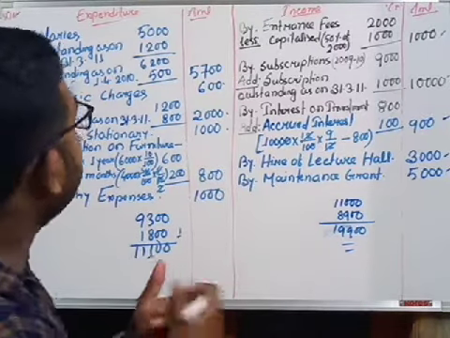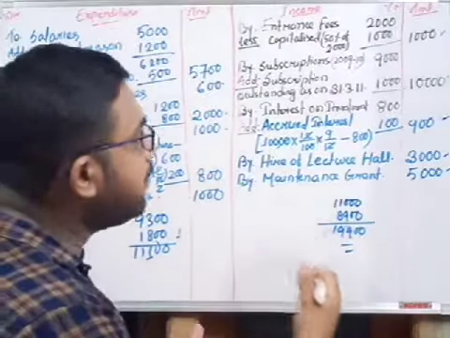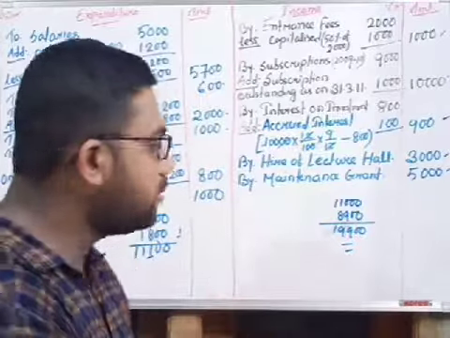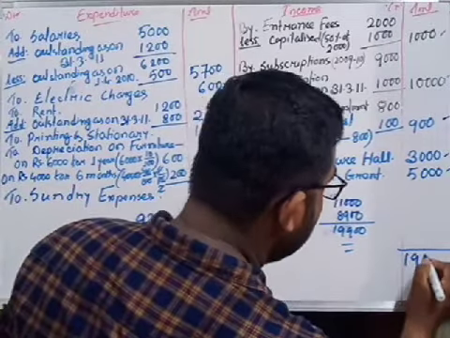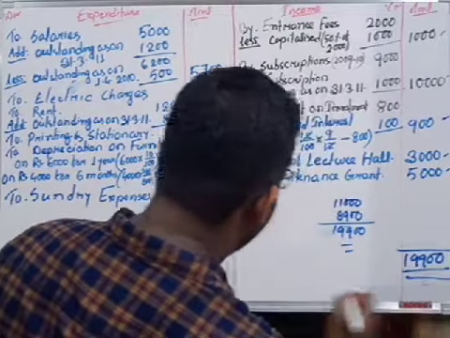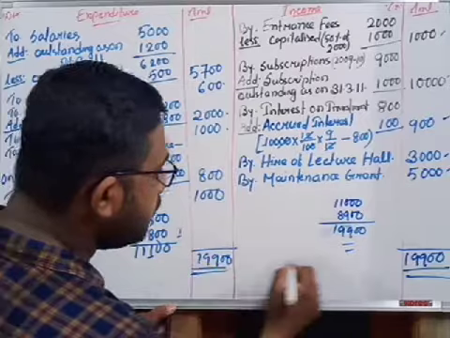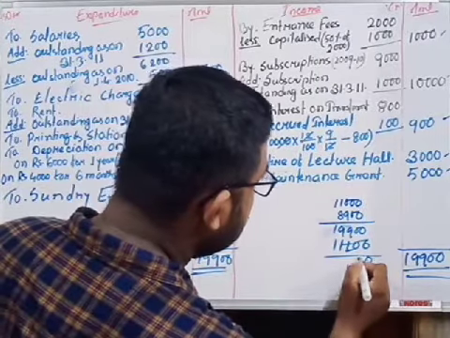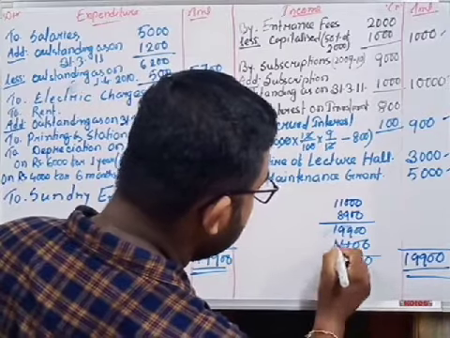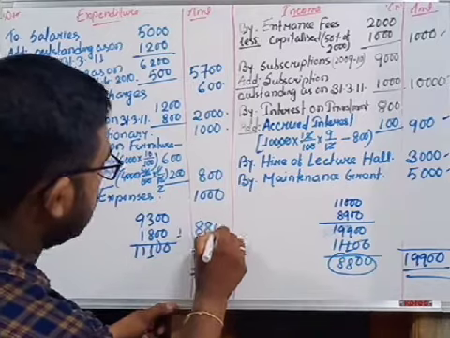So we can find that the expenditure side is less than the income side. That means the club has generated more income than its expenditure. So we have to write the higher amount, 19,900, on both sides, and the difference is 11,100 and 8,800 on the expenditure side.